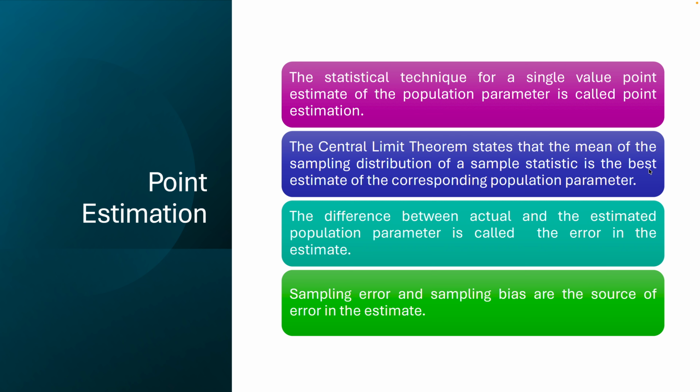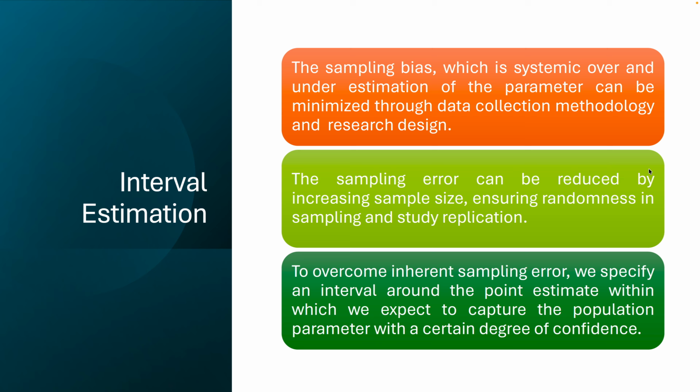The sampling bias can be minimized by using suitable data collection methodology and a robust, strong research design. Actually, sampling bias is a systematic over- and underestimation of the parameter.